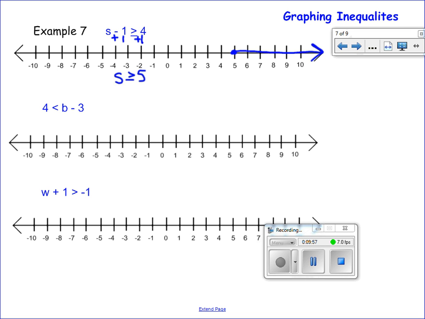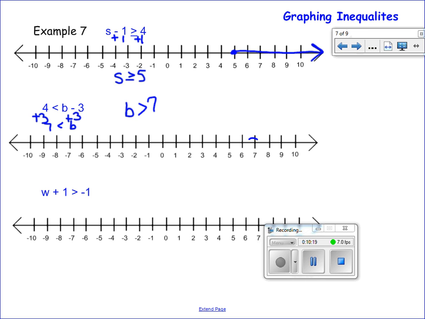In the second example, I'm going to add 3 to each side. Now I have 7 is less than b, but because I like the variable to be on the left-hand side, I'm going to say b is greater than 7. Going to find the 7 on the number line.